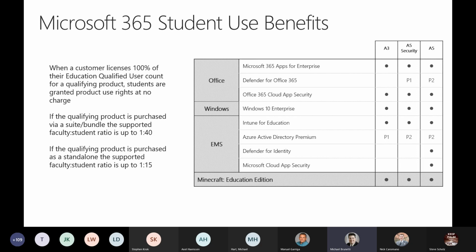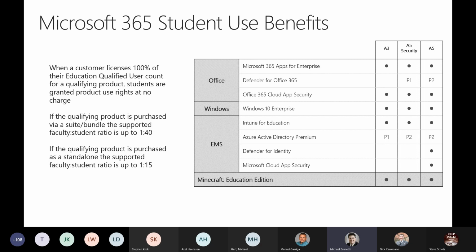Now, we work pretty hard with our product groups to make sure that we can add as much into that student use benefit license as possible. But you'll look on this chart, you'll see that it aligns most closely with the identity and security features. We want to make sure that students who are typically participants in the same environment as faculty and staff, that their accounts are protected, that their infrastructure is protected, just like faculty and staff are.